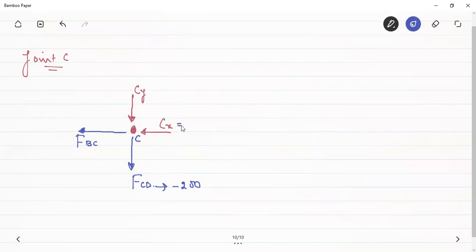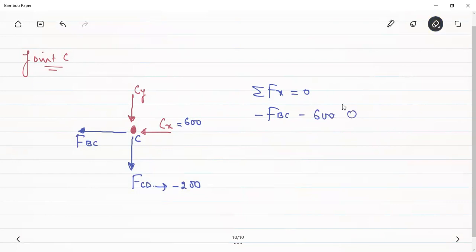So CX, I think, was equal to 600. If I make the summation of the forces in the x direction equal to 0, I can see that minus FBC minus 600 has to be 0. So from here, what I get is that FBC is equal to minus 600.